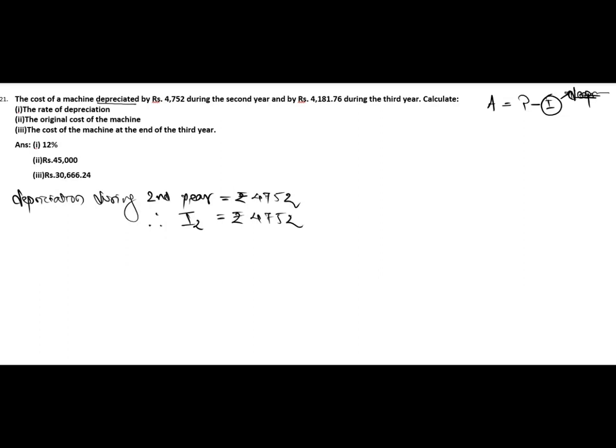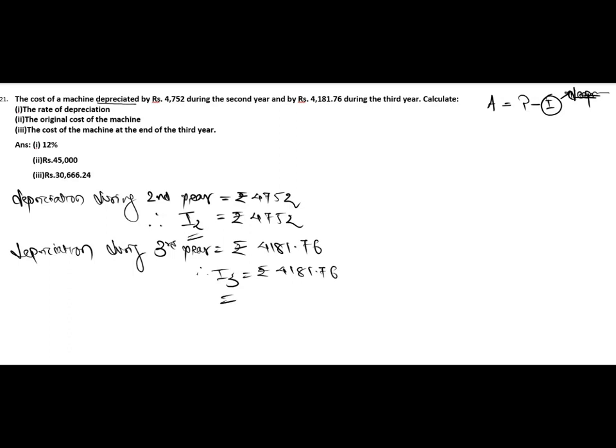And depreciation during third year is equal to rupees 4181.76, and therefore I3 is rupees 4181.76. So we've got I2 and I3, and I3 is smaller than I2.